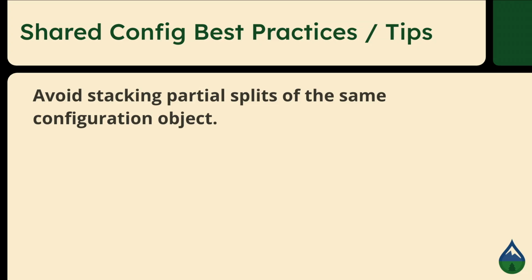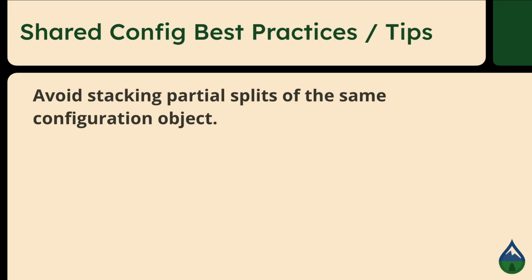If you have two splits that have the same configuration object selected, because you're telling configuration split to look at changes in a particular configuration object, you can't get any more specific than that. So if two splits have the same object selected, one of those splits is going to get all the changes, whichever one comes first in the export order. So that can be confusing.